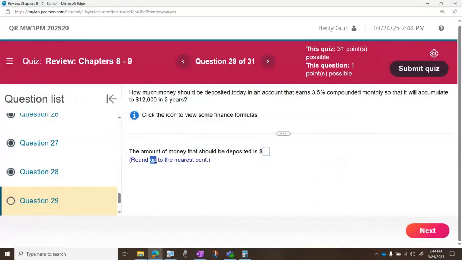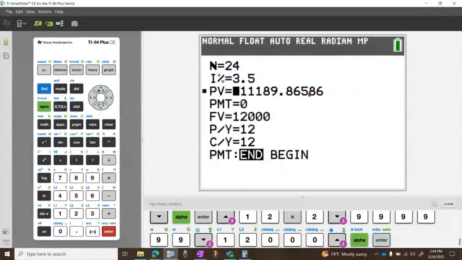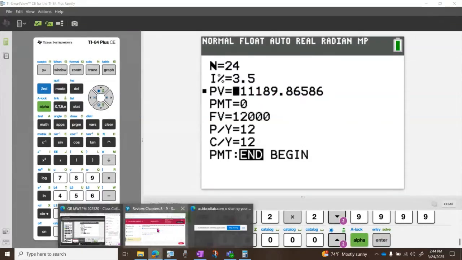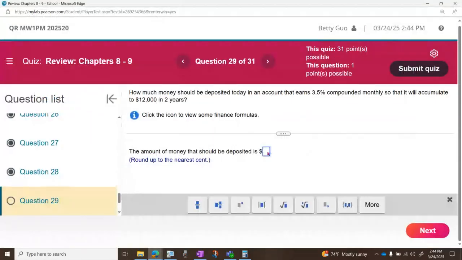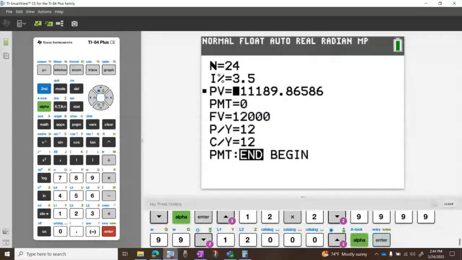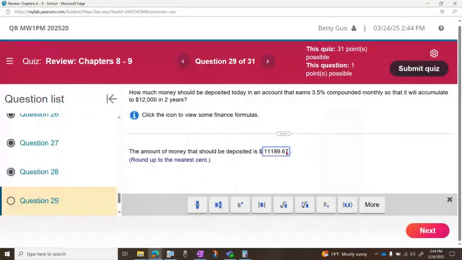Round up to the nearest cent. So this one, 6 cents, round up to 7 cents, 87 cents. 11189. Double check. 87. Be very careful.